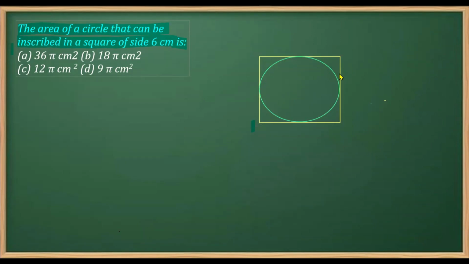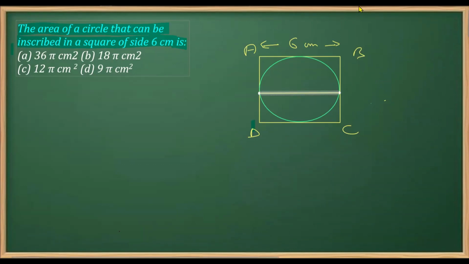The area of a circle that can be inscribed in a square. So outside it is a square. We have ABCD as a square over here, and we have to find the area of this circle. But the side is given, how much? 6 centimeter. So what you can figure out from here is, this is the diameter of this circle, right?